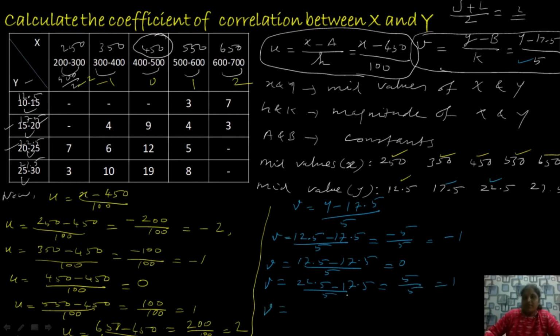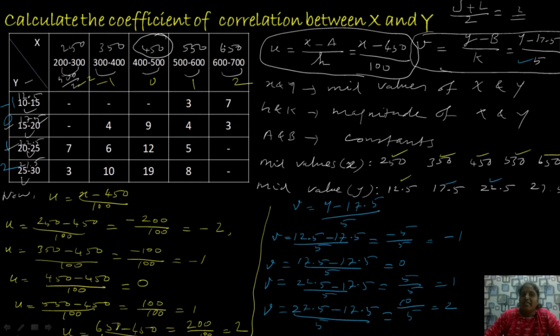And the last value 27.5. So 27.5 minus 17.5 over 5. So you get 10 by 5, this total as 2. So for the value of v here we have calculated minus 1, 0, 1 and 2.